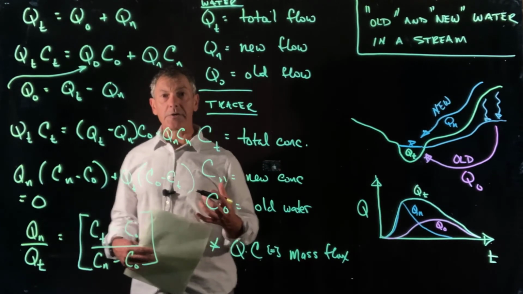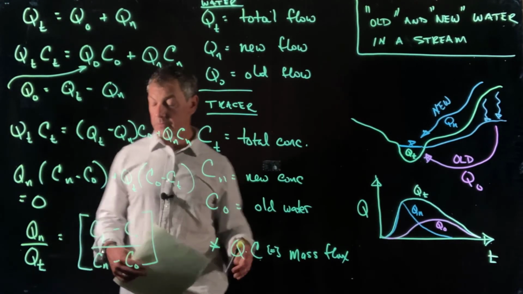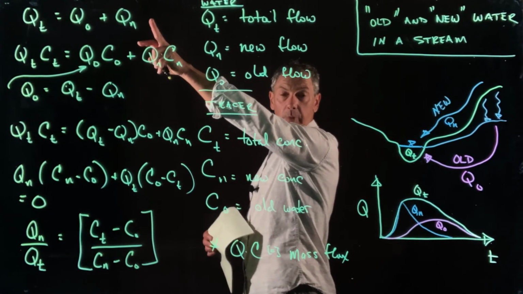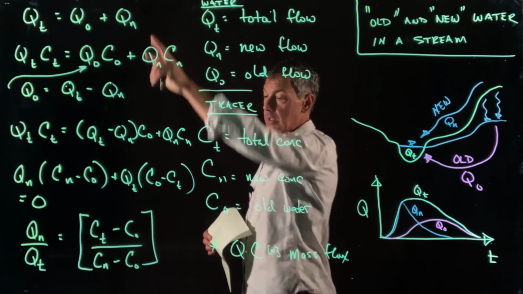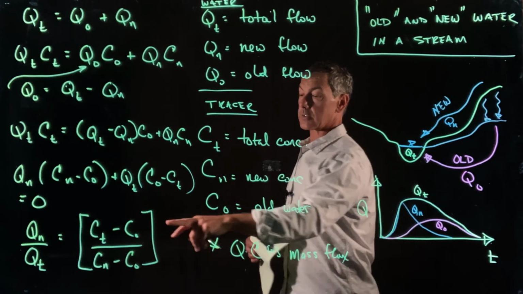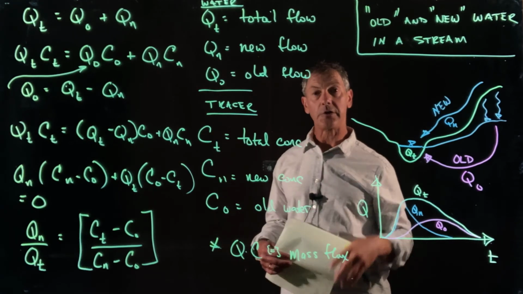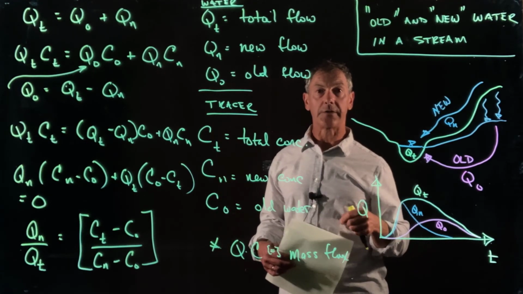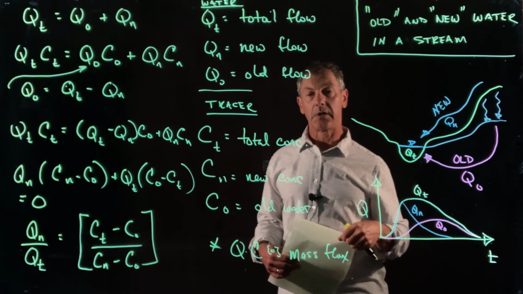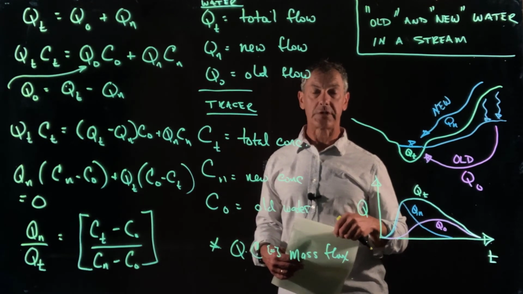What we've done here is pretty neat, actually. What we want, essentially, is the components of the flow, and we can use the concentrations of this tracer in the water to get at the flow. So we're using solute concentration to get at the volume balance. We'll do a little example and see how this might work.